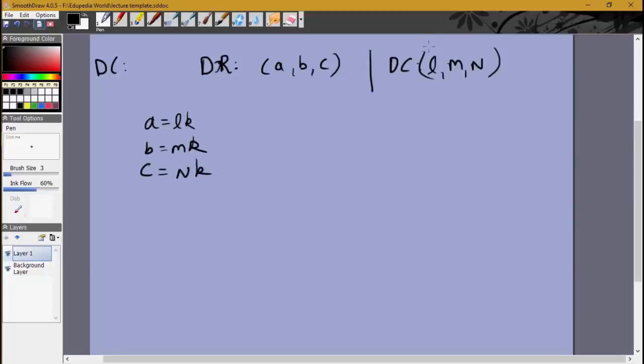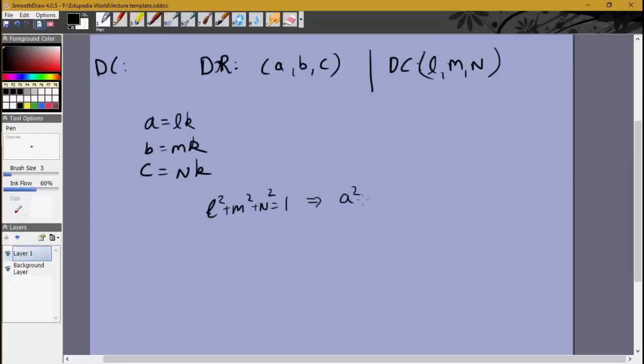These are the direction cosines. Any set of three numbers in those ratios will be the direction ratios. But also what we know is that L squared plus M squared plus N squared is 1. This is only a property of the direction cosines.